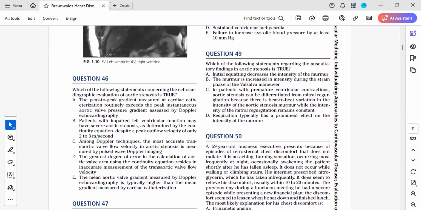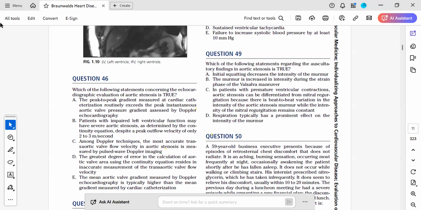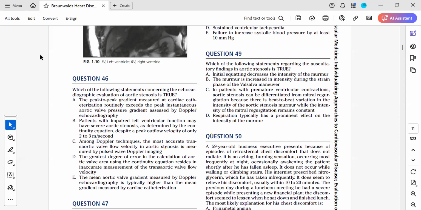So even if you have a mean gradient of less than 40, especially in the presence of low ejection fraction, you can say in such patients, low flow, because the EF is low, severe.